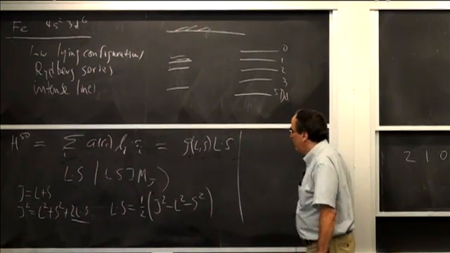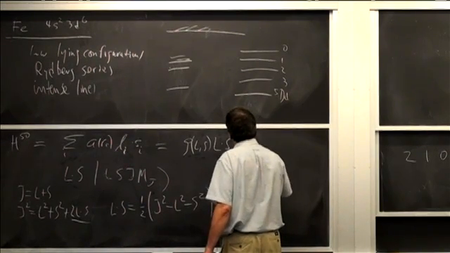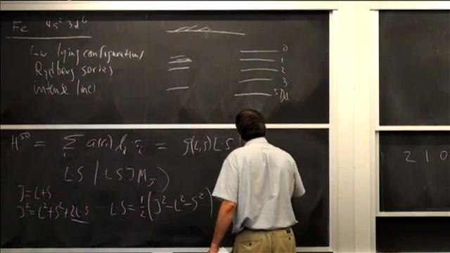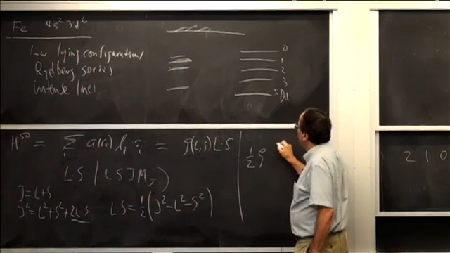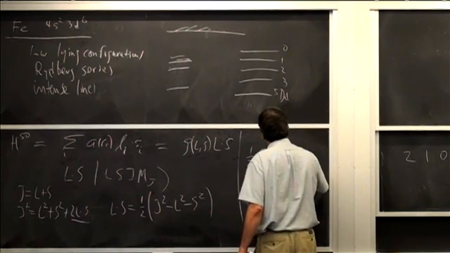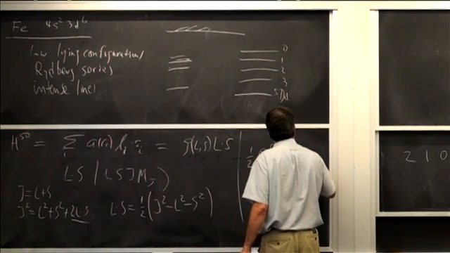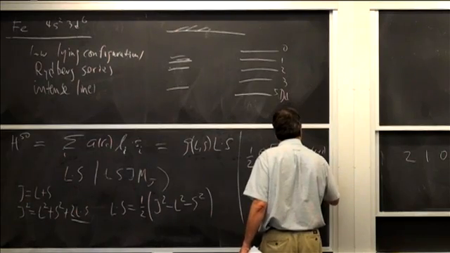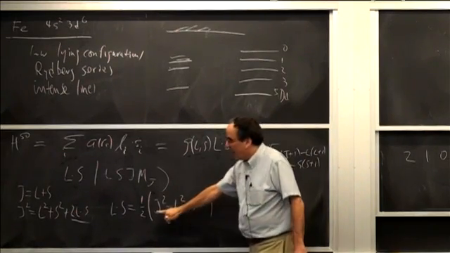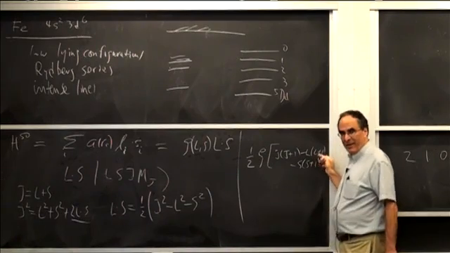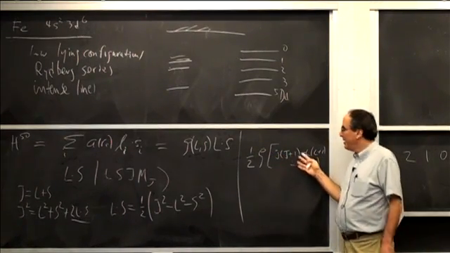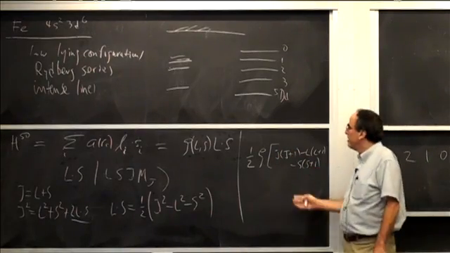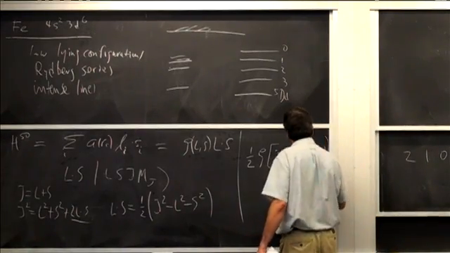Well, we know that the energies are going to be 1/2 times this zeta times J(J+1) minus L(L+1) minus S(S+1). What does the operator do to the function? Okay, so we're going to have this.